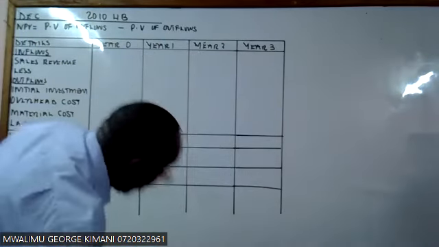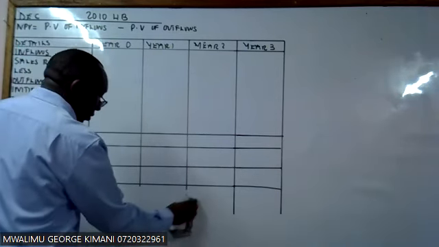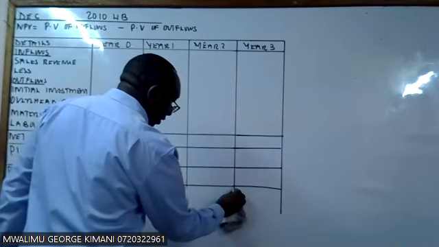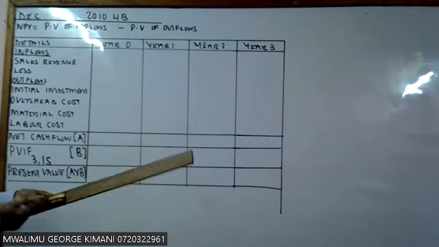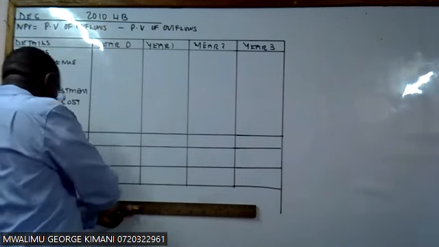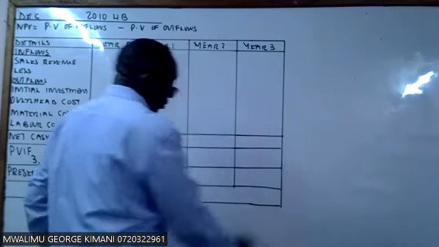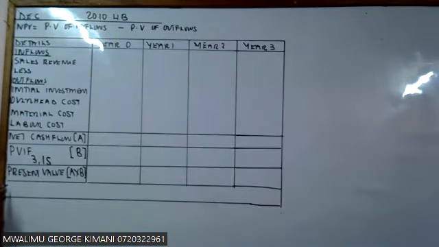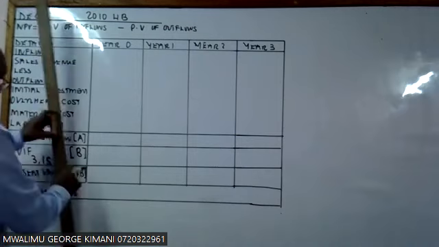Then finally, down here, I will now have to show my NPV, the net present value.